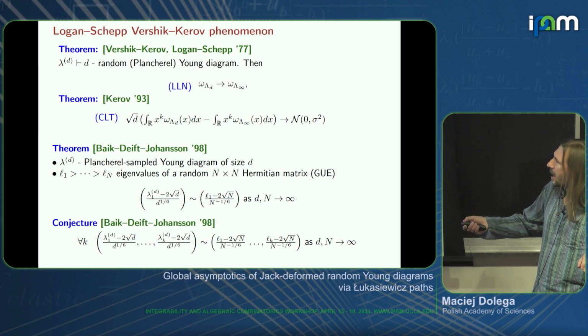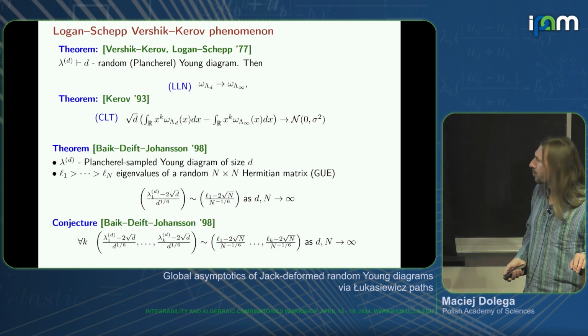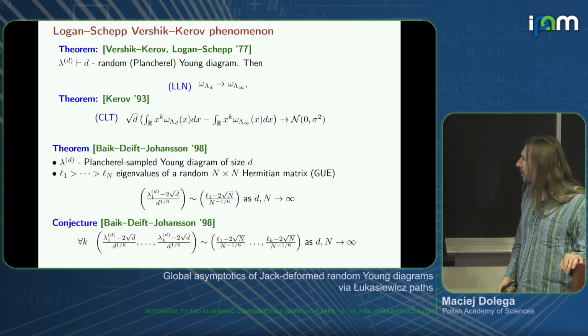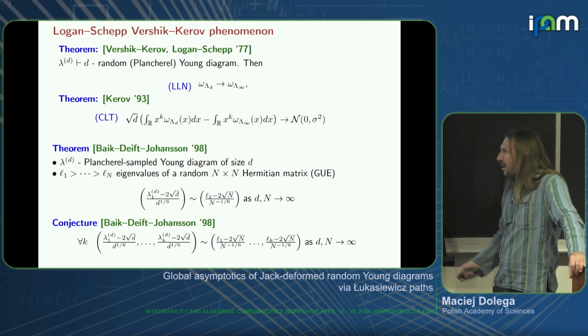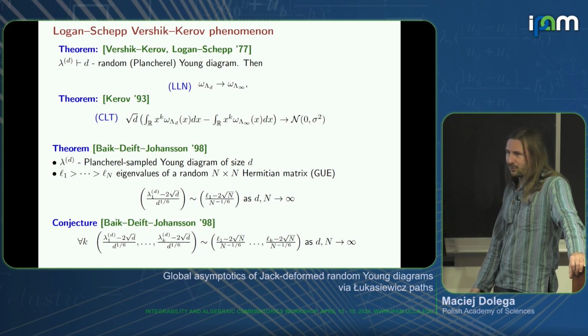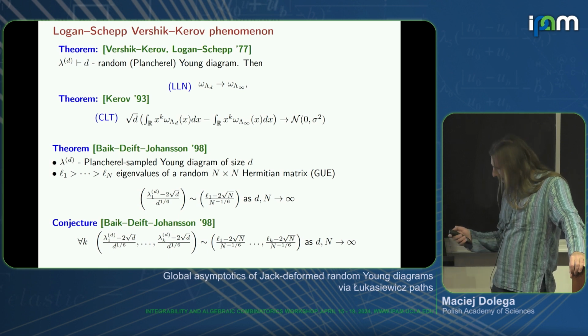So if you look at the largest row, the first row in your random Young diagram, the second-order asymptotic is given by Tracy-Widom. And once you have it, of course, it's very tempting to pose the conjecture that if you look at the law of the first k rows, they must behave the same as the first k eigenvalues of GUE.